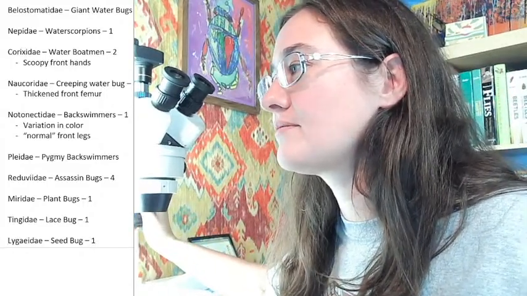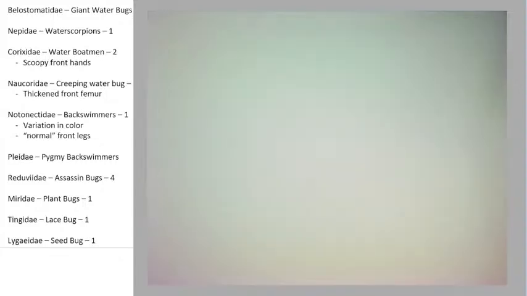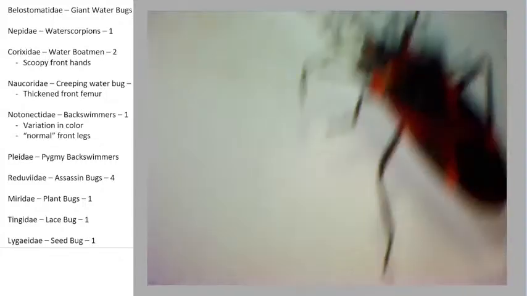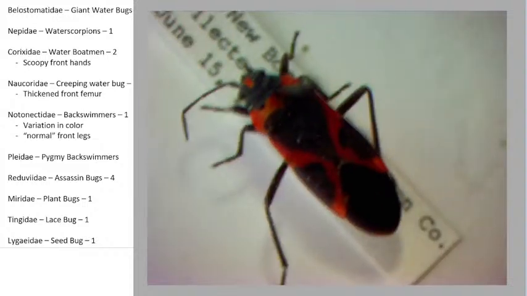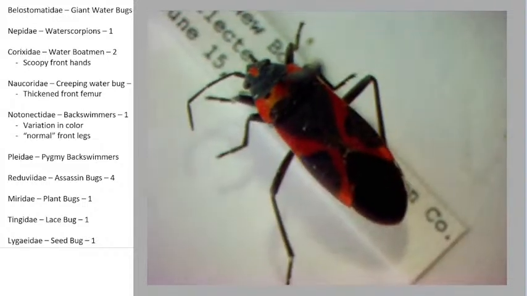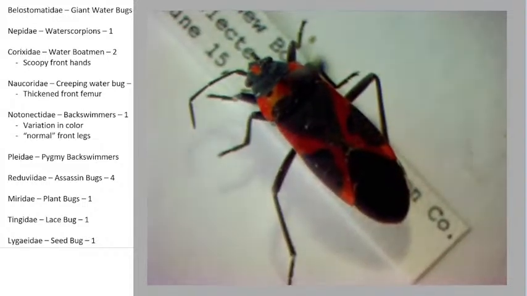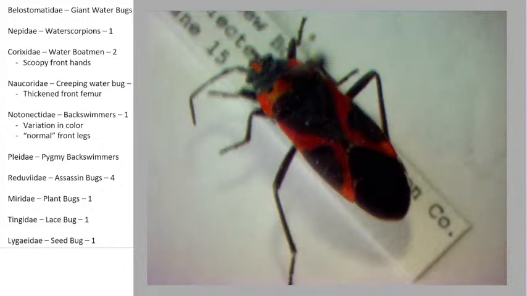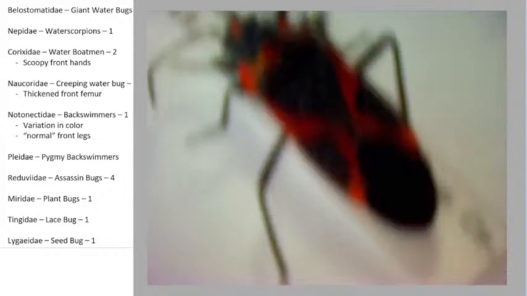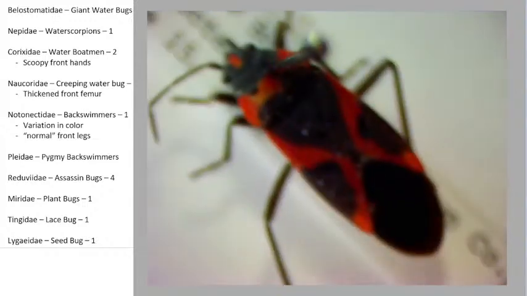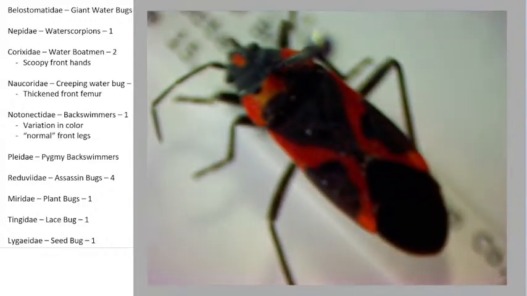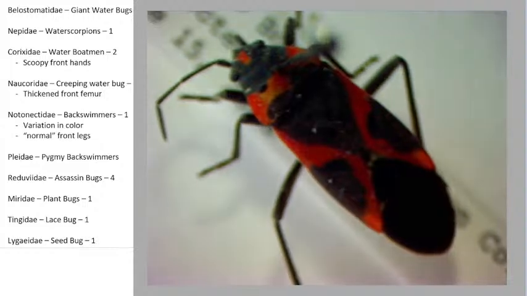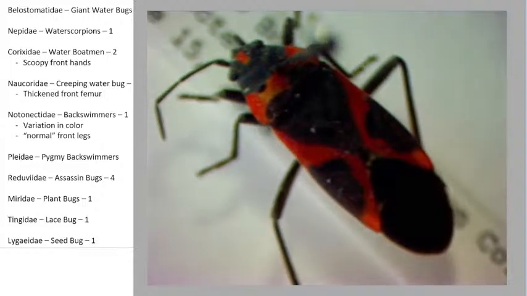All right. Let's see. Where are we? The seed bug. All right, so some of us may look at this specimen and think, I know what that is. That's a box elder bug, and they invade my house, and they're all over the place, and I don't know what to do about them.